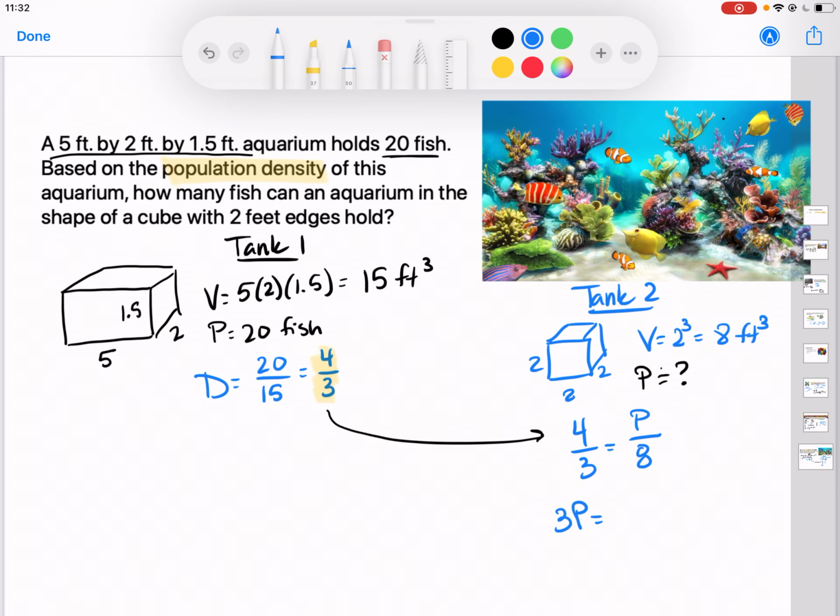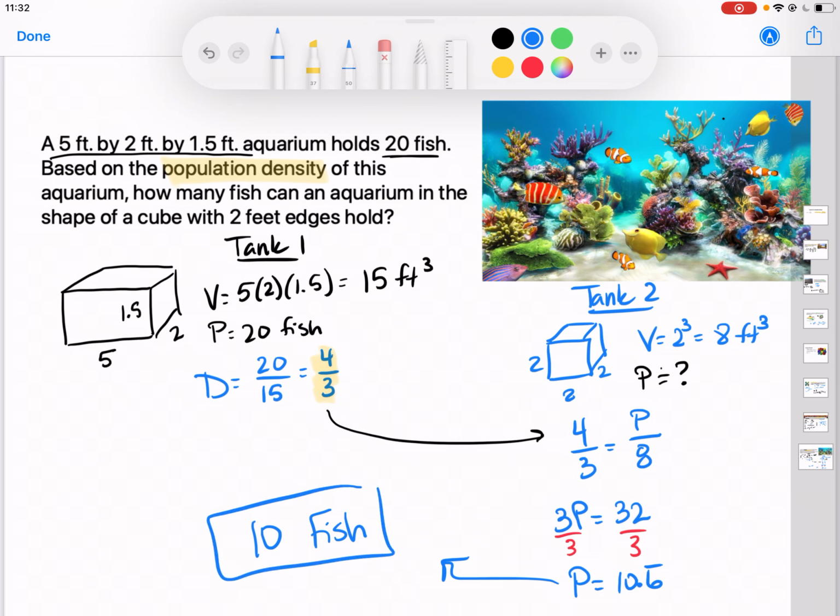So it's going to give us 3p is going to equal 32. There we go. And then you divide both sides by 3, and you get that the population is 10.6 repeated, which we don't want. So our answer would be 10 fish. We don't want to overcrowd it either, so we just round down.